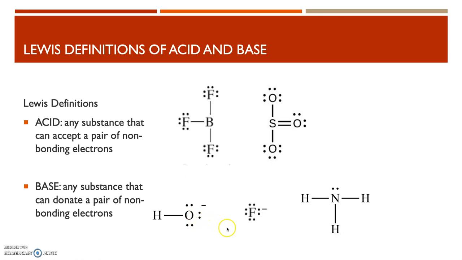So hydroxide is a great example because the oxygen has 3 lone pairs of electrons that it could donate. Any halogen ion has non-bonding pairs of electrons that it could donate. And nitrogen is a super good Lewis base because it has that extra pair of non-bonding electrons that it would like to donate to a reaction.